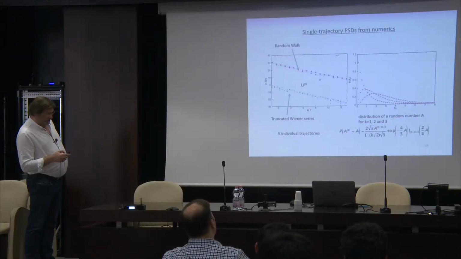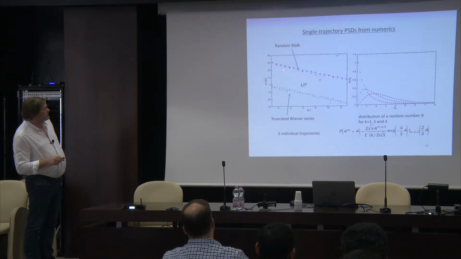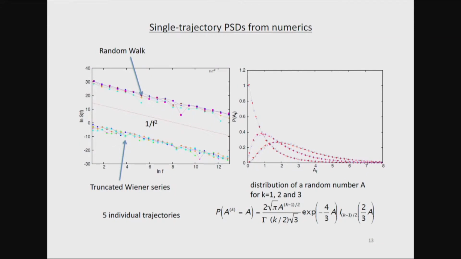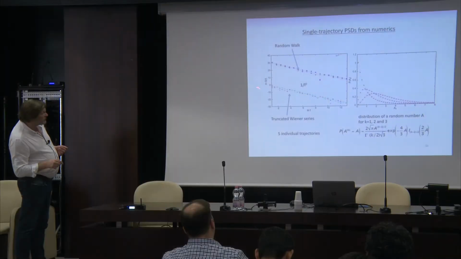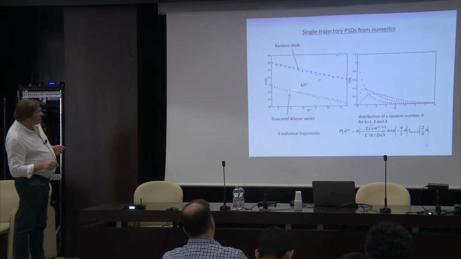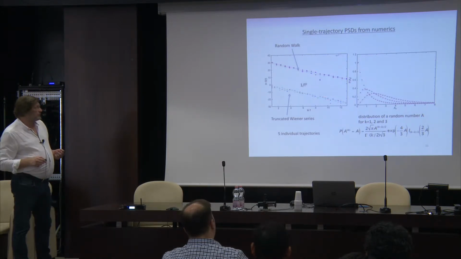Now, how it actually looks in numerics, this single trajectory power spectral density. This one is for a random walk. You see that basically these are, as I said, a set of lines which are shifted a little bit from each other due to some random amplitude, but basically it is a slope 1 over f squared. So we can see from a single realization of Brownian motion a 1 over f squared spectrum. And the second set of curves corresponds to the truncated Wiener series.